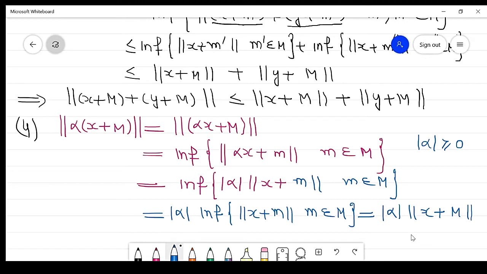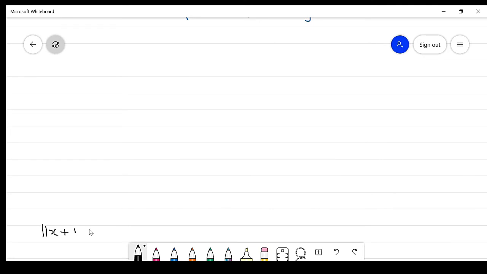If it satisfies all the properties of a norm, then it means this is a norm on N by M. So remember, this is a norm of x plus M, which is a norm on N by M, right? So it was our first part.